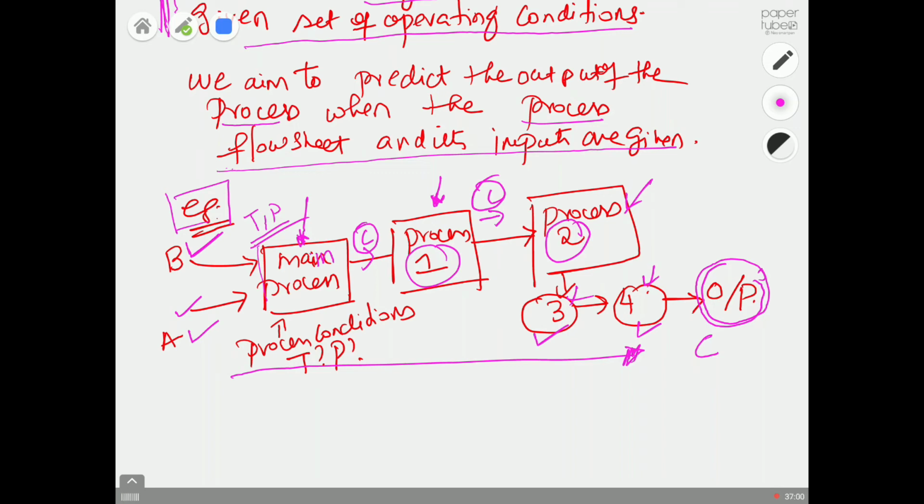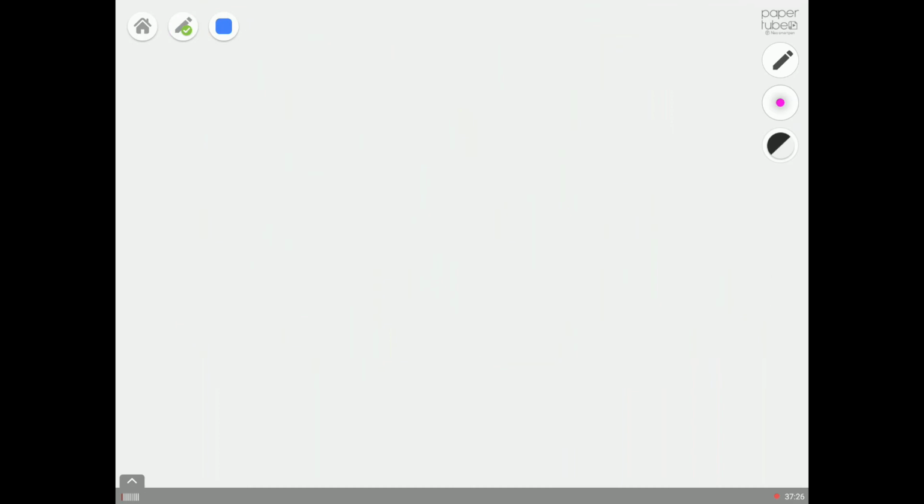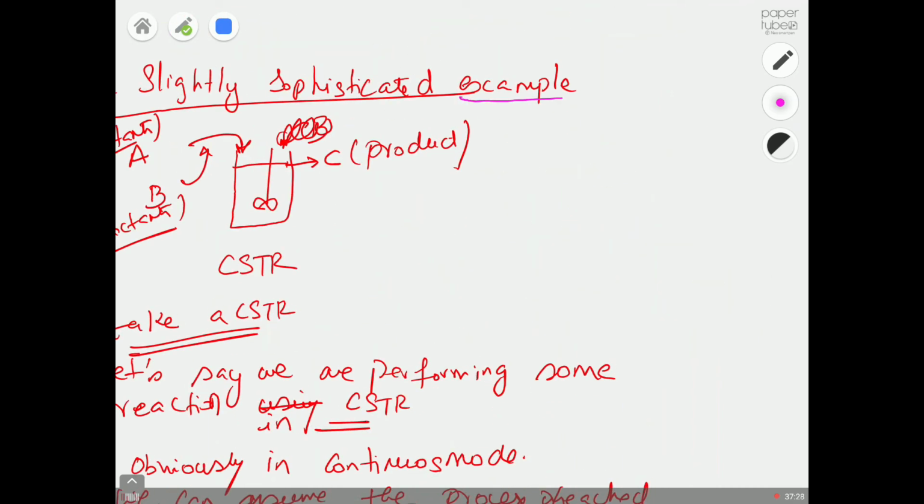Is it an endothermic reaction? Is it first order kinetics? And so on. These are the things you need to know. Obviously, the same rule applies for process 1 and process 2. What temperature do we need in order to separate two components from their mixture, using some particular unit operation? That's a general flowchart, and now we can see a slightly more sophisticated example. This is a simple CSTR.